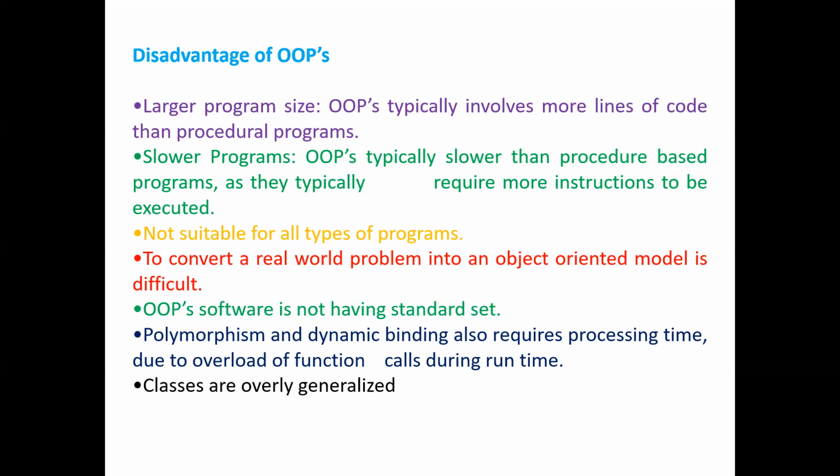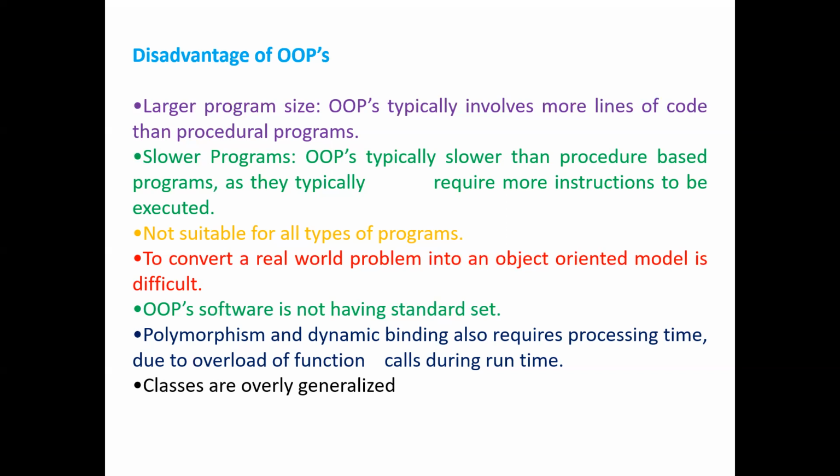Then the next disadvantage is that converting a real world problem into an object-oriented model is difficult. This is very important. Writing an object-oriented program for the real world is a very difficult task, because it's just like live.